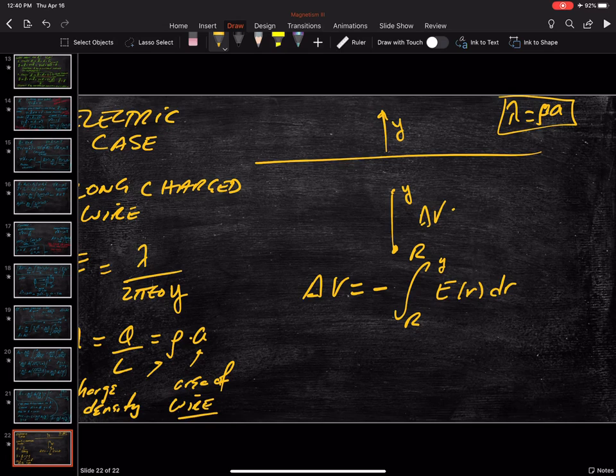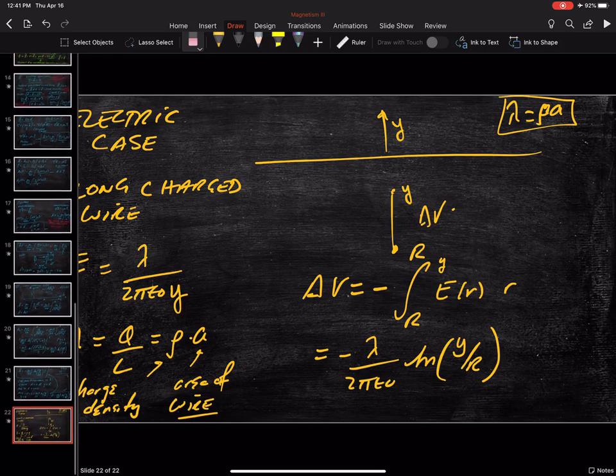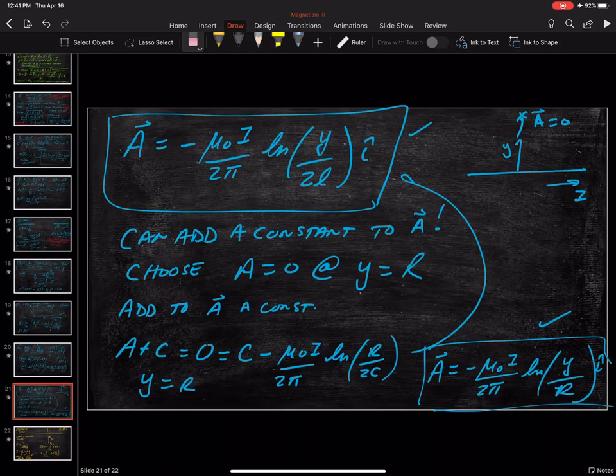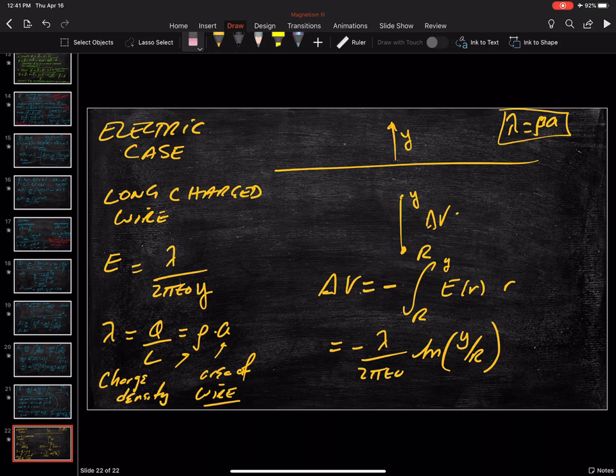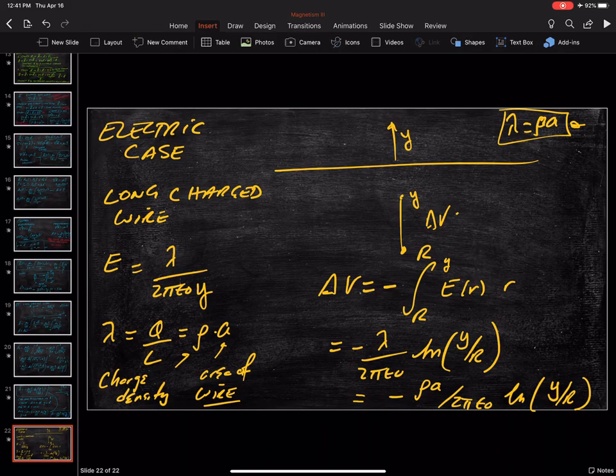The electric field in that case should be minus lambda over 2 pi epsilon naught natural log of y over r, which I can write as, using this, minus rho A over 2 pi epsilon naught natural log of y over r. So that's my difference in voltage.